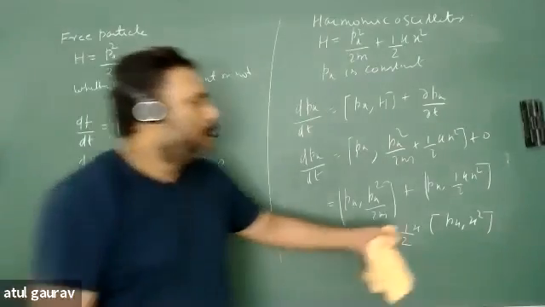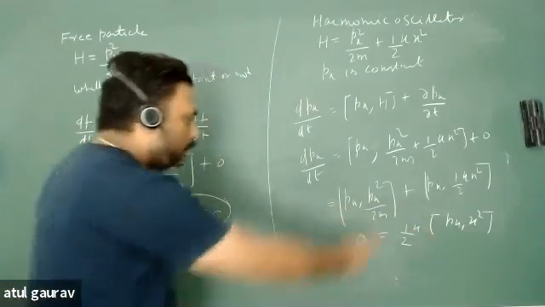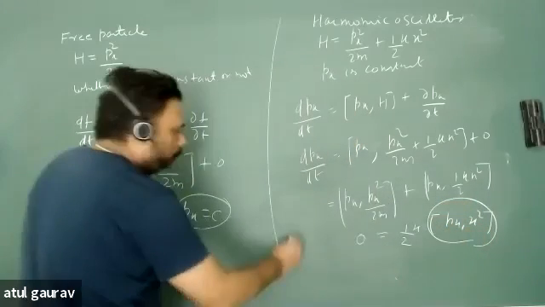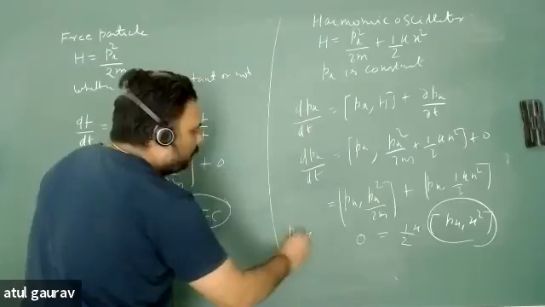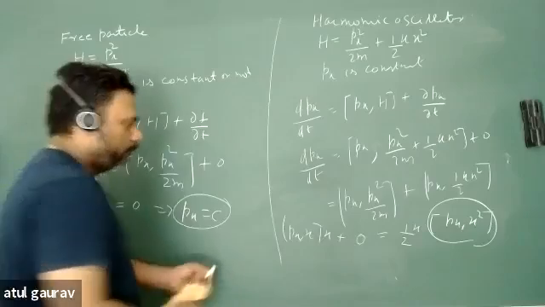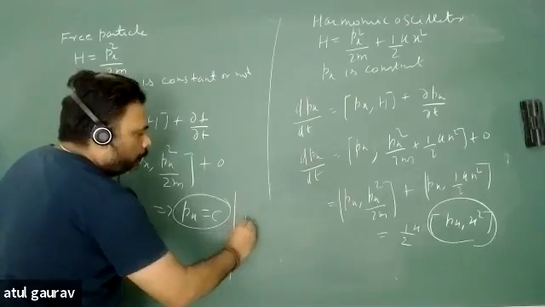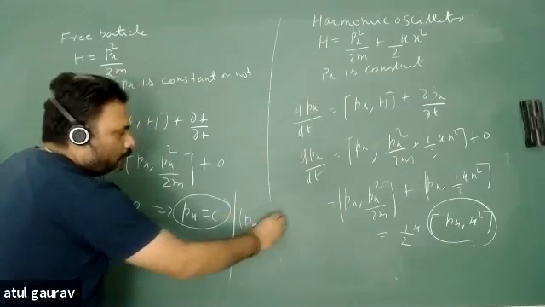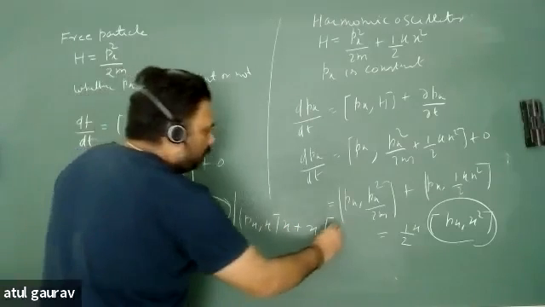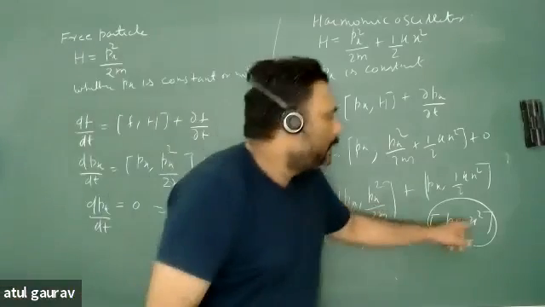If you calculate it, you will get 2x as the value. How can you get it? I am just going to calculate this particular thing. We can write the commutation [px, x x], that is, [px, x] x plus, again I will write, x [px, x]. I am writing x square as x into x.